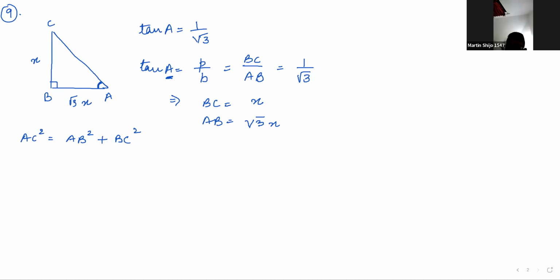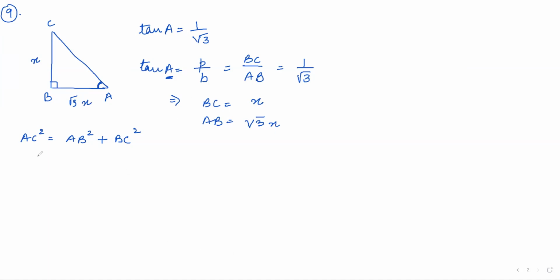Ma'am, 2x. Are you sure? I don't think it will be 2x. It should be 4 because from here I can see this is under root 3x whole square, and this is x whole square.